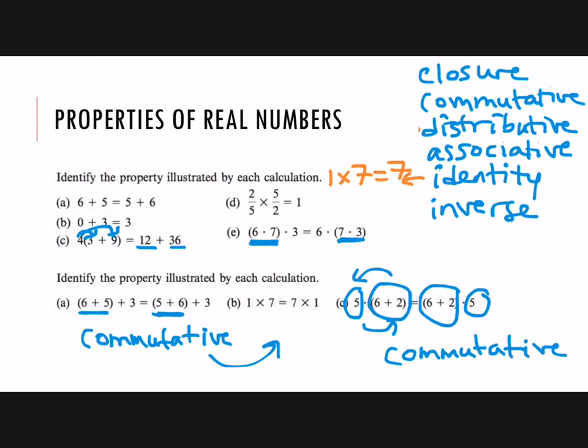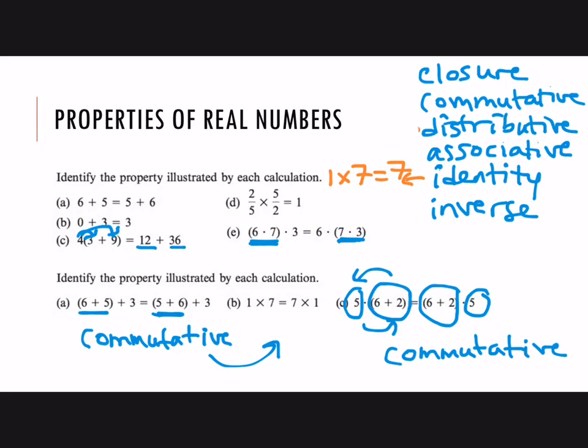Okay, so we'll stop there, and next I'd like to show you how some of these properties are used. We've already talked about closure and its usefulness, but you do use the commutative, distributive, and associative properties a lot of times when you're trying to do arithmetic problems to simplify things. They're helpful for mental calculations.